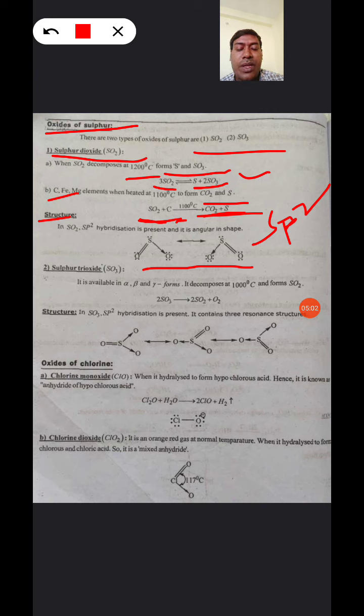The next one, sulfur trioxide, SO3. Generally it is available in alpha, beta and gamma forms.